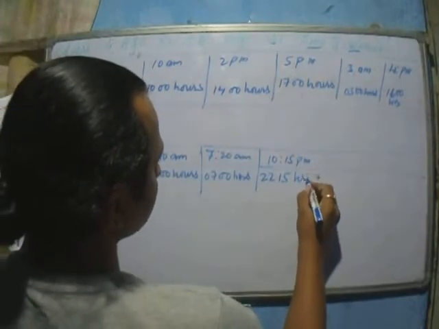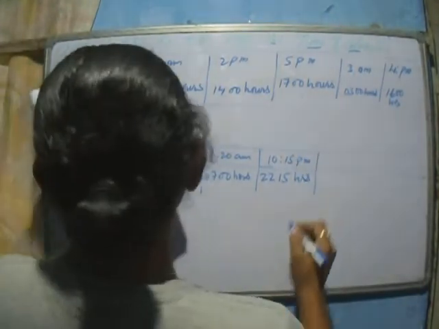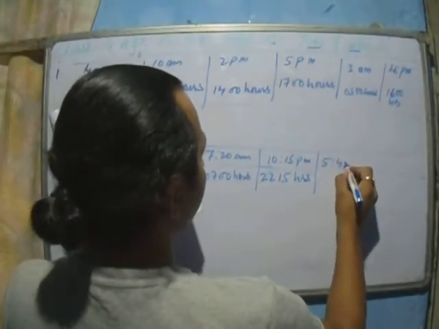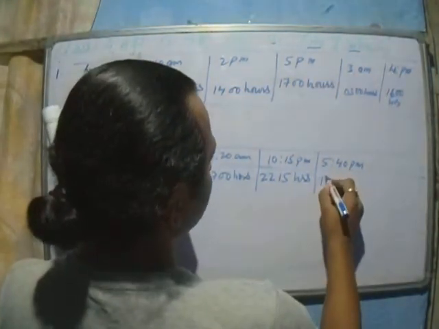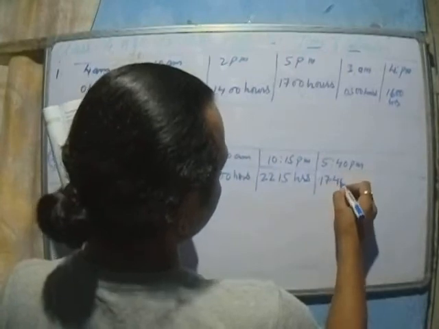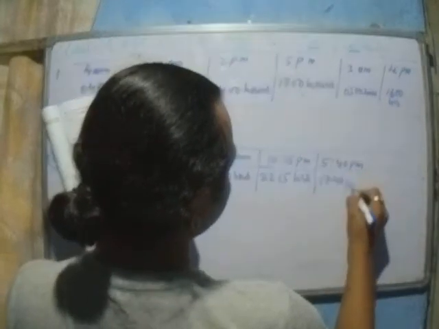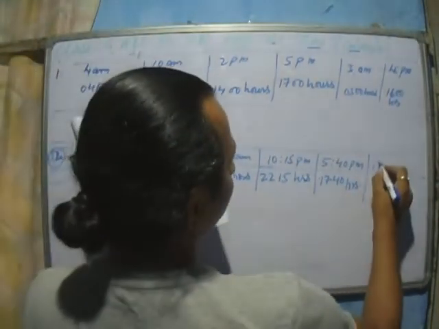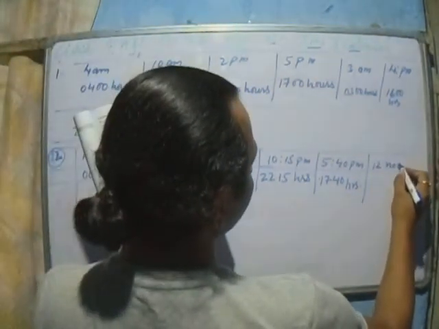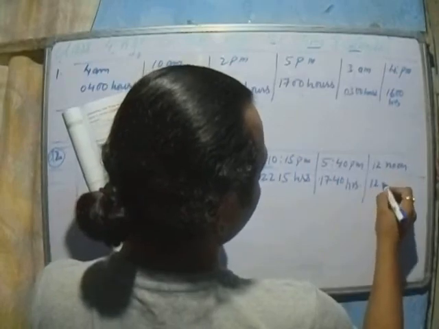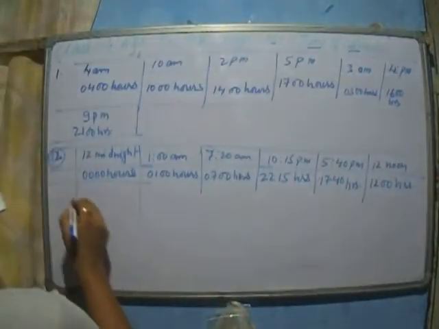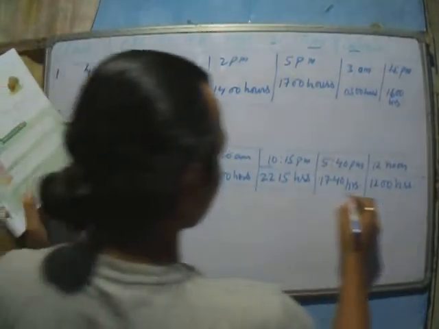Simple, right? Then after that we have 5:40 p.m., so it is 17:40 hours. Now the last one is 12 noon. So it is 1200 hours. So these are the question number 2 answers.